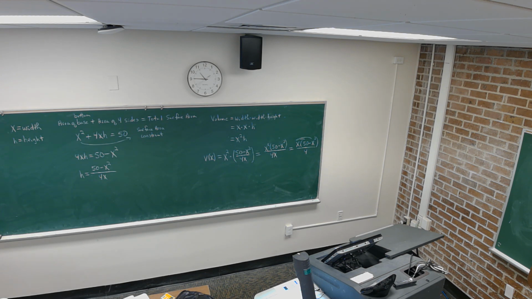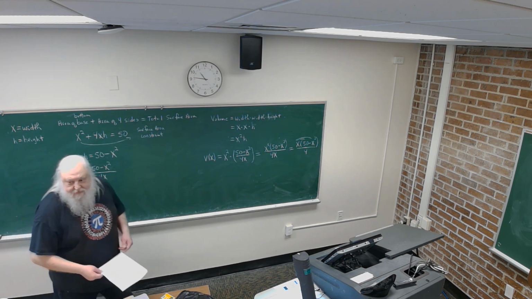Then when I divide each of these terms by 4, 50 divided by 4 simplifies to 25 halves times x, and we have minus x cubed divided by 4, or minus 1/4 times x cubed. That was the final answer, simplified, on the final exam. If you went that far, you got the extra point. Cool beans.